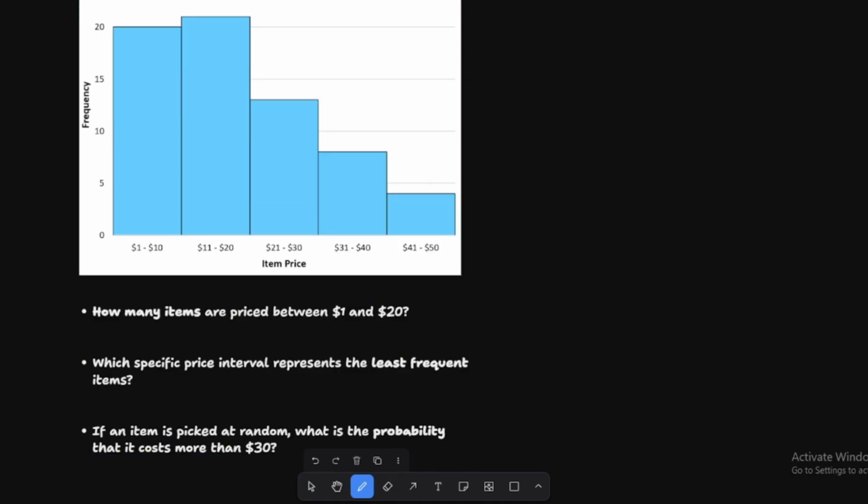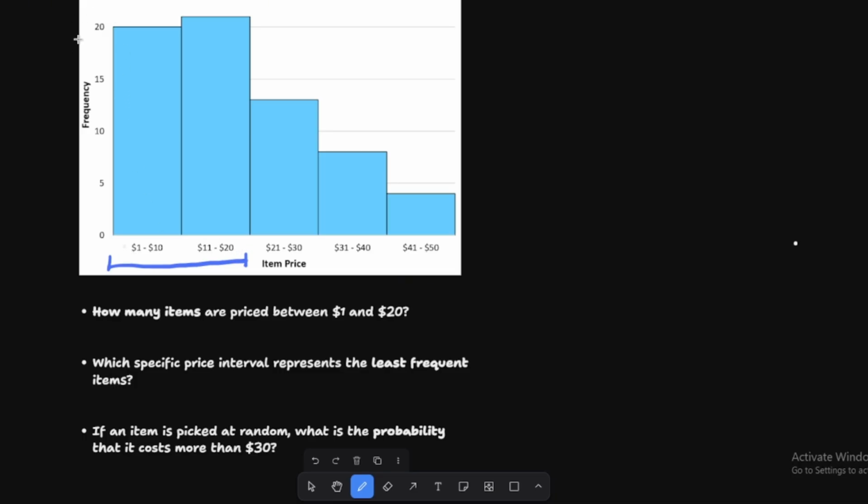How many items are priced between $1 and $20? So we're going to be looking at the section between $1 here. As you can see, there's a cluster of 1 to 10 and a cluster from 11 to 20. And we need to see how many items are priced between it, right? So we're looking at this interval because it's from 1 all the way to 20.